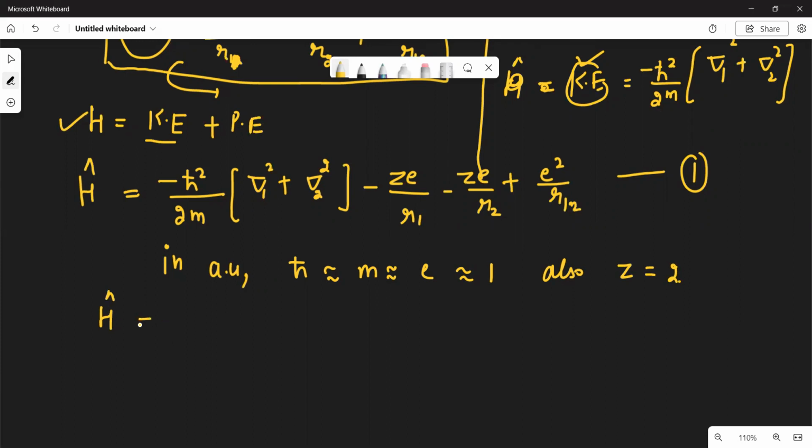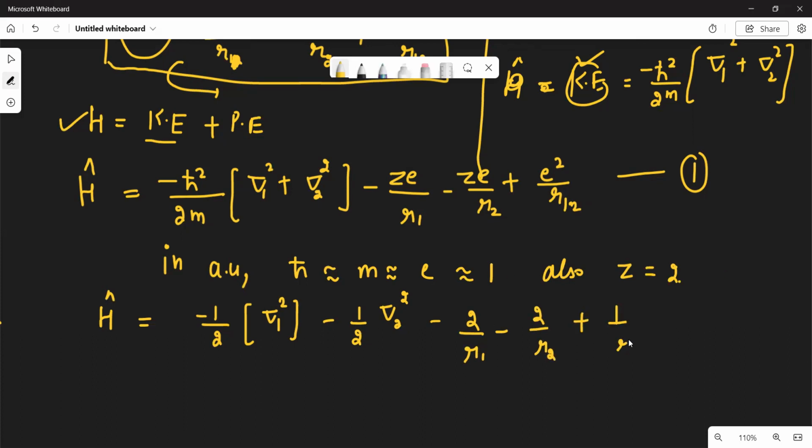So H will be equal to minus 1 by 2 del 1 square minus 1 by 2 del 2 square minus 2 by R1 minus 2 by R2 plus 1 by R12. We will mark this equation 2. So here we have found the expression for the Hamiltonian.